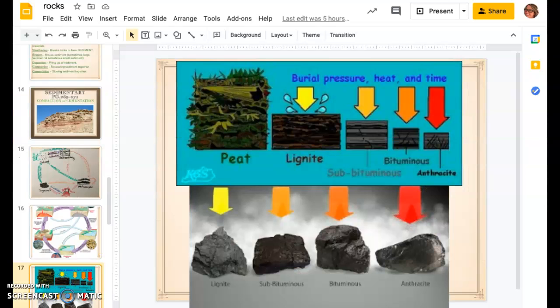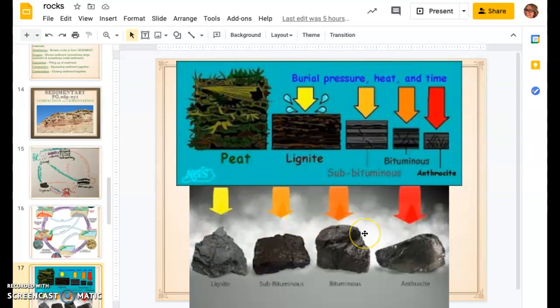Because we live in the state of Kentucky, I like for us to look at how coal is a sedimentary rock as well. So here are some pictures of coal and a chart that shows you how coal is formed. Going from the process of the organic matter being compacted and cemented, there's the evaporation taking place, to begin to form the different types of coal: lignite, subbituminous, bituminous, and anthracite.